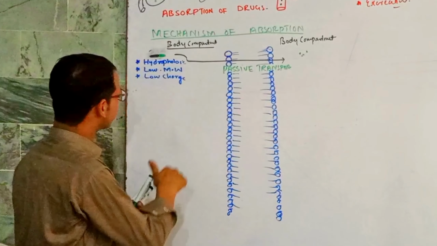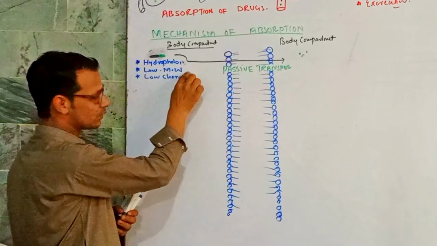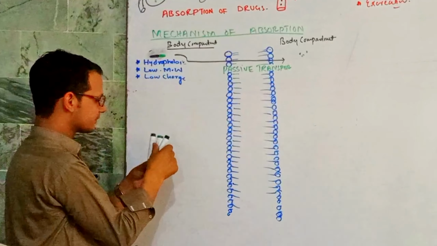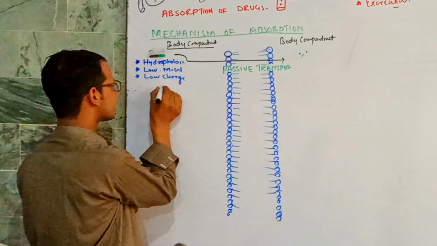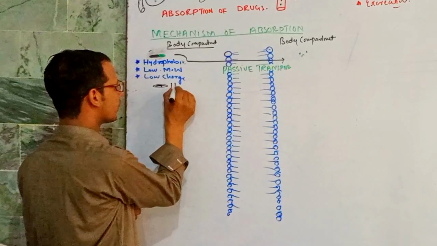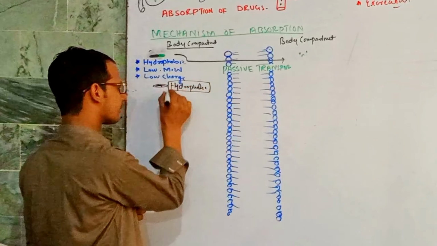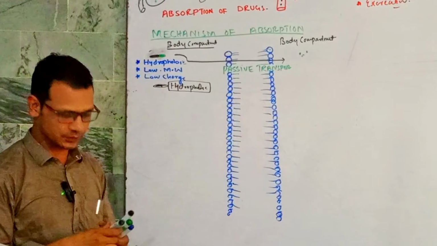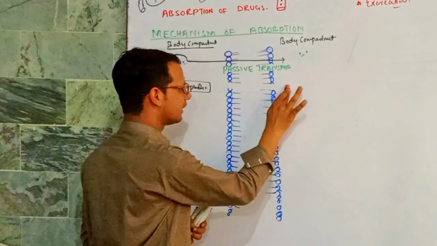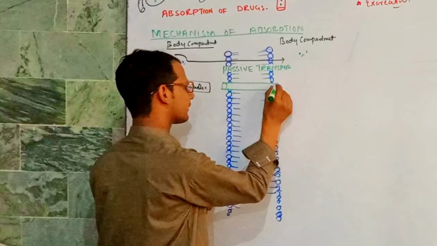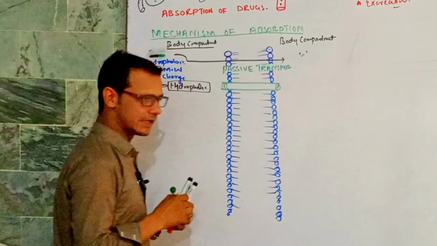But if the drug has low molecular weight and low charge, but the drug is hydrophilic, it will also follow passive transport, but it will travel within specific channels, right?